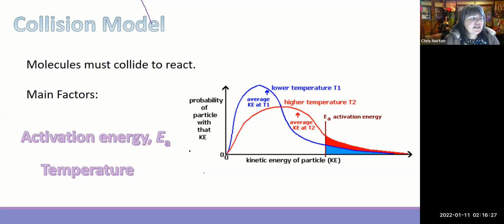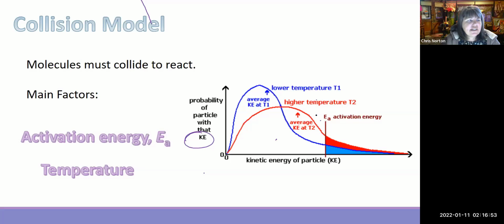Okay, so if you take a look at this graph, this is just the chance of a particle that has enough kinetic energy to react. If you remember, temperature is measured by the average kinetic energy available to all the molecules within a particular substance. If we increase the temperature, which is what red is, red means increase in temperature, which is kind of funny if you think about the stars, but we'll go with it.